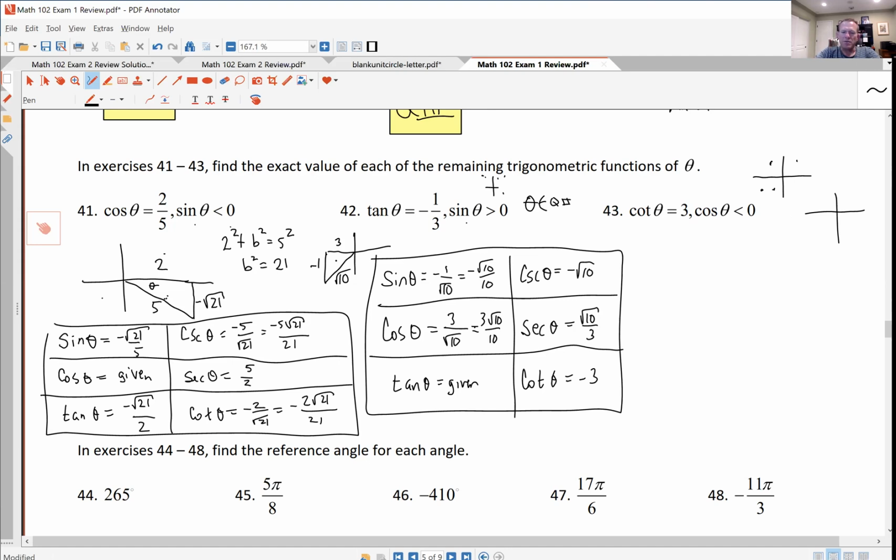I'm in quadrant 3, and we said that all students take calculus. So we said that tangent was positive in this region. So there is an error in this. We said that sine is positive. We're supposed to be in quadrant 2.